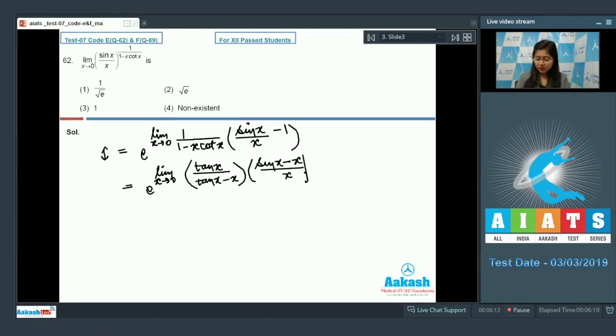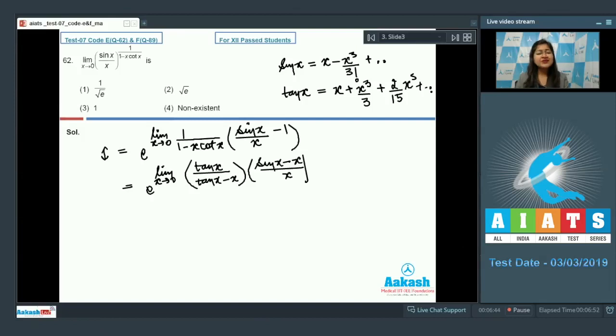Now let us observe the expansion of sin x and tan x. sin x is equal to x minus x cube upon 3 factorial plus x^5 upon 5 factorial and so on. Similarly, tan x can be written as x plus x cube upon 3 plus 2 by 15 into x^5 and so on.